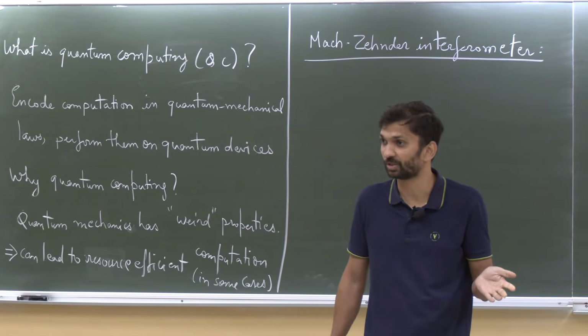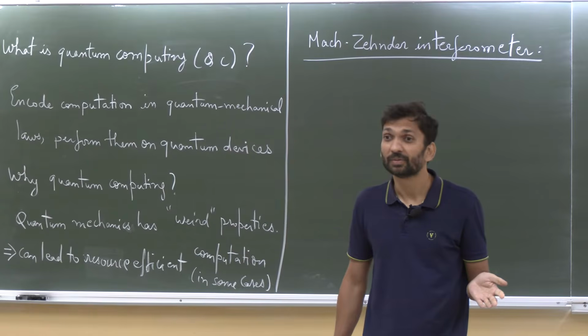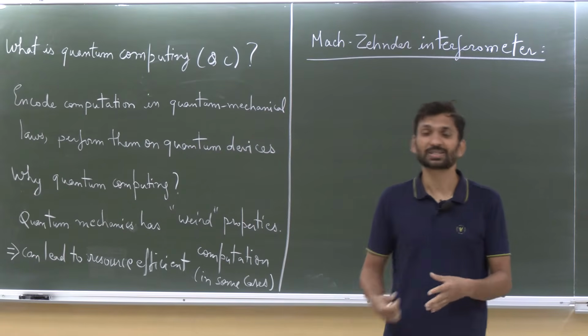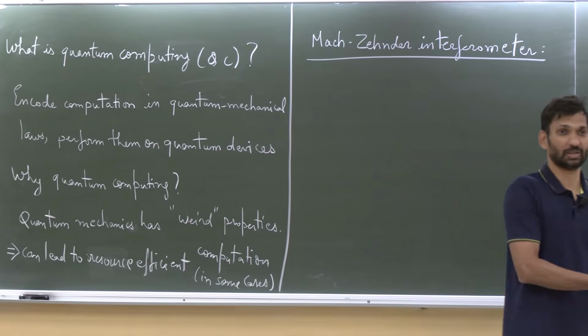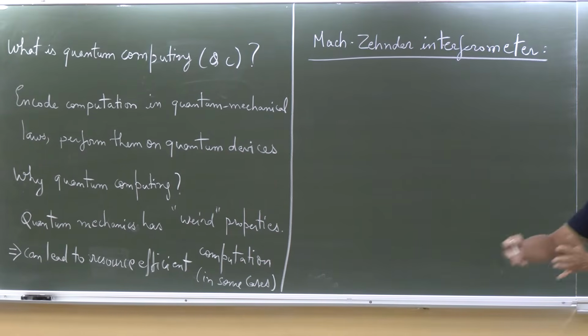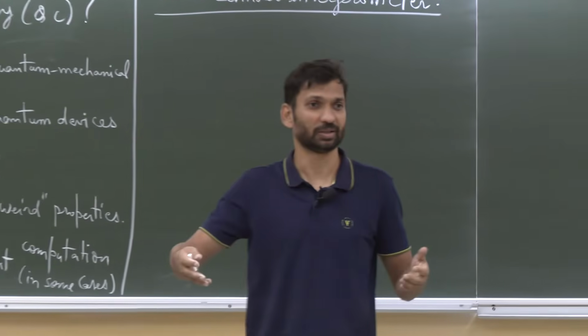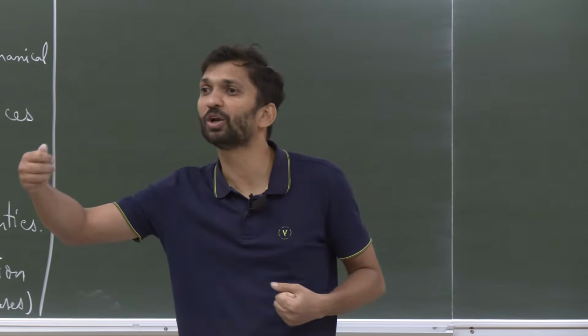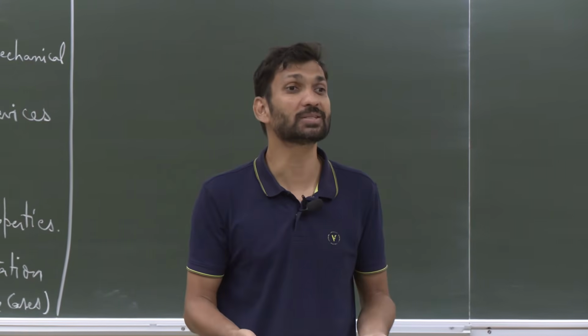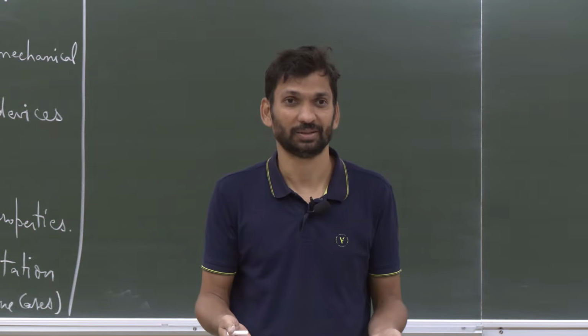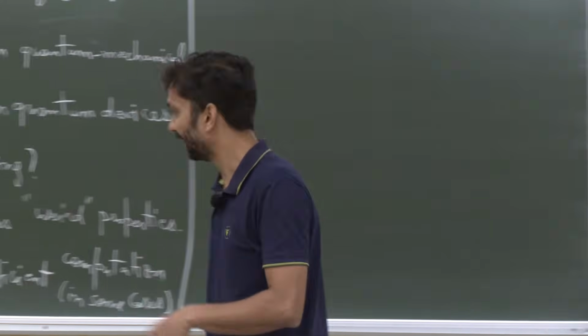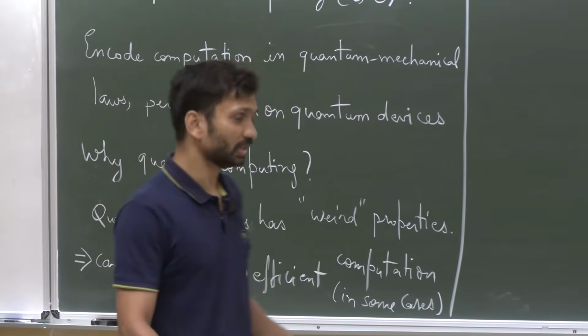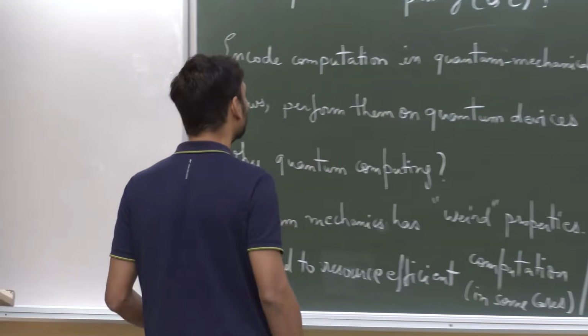Why do we feel it is resource efficient? Because it is counterintuitive to classical laws. You have classical laws, you have quantum laws, they are very different. So if you start with different laws, probably you can compute things differently, right? That's the hope. And today's lecture again is going to be very, very light.